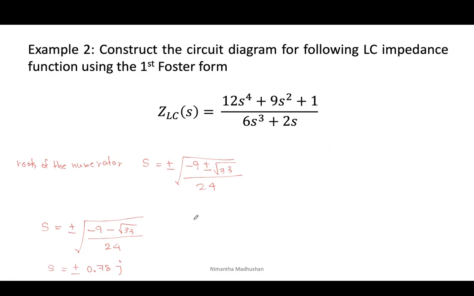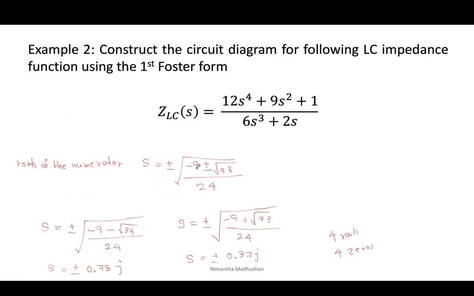And from the plus square root 33, s is equal to plus or minus square root of minus 9 plus square root of 33 over 24, we get plus or minus 0.37 j. There are four roots, which means four zeros from the numerator.